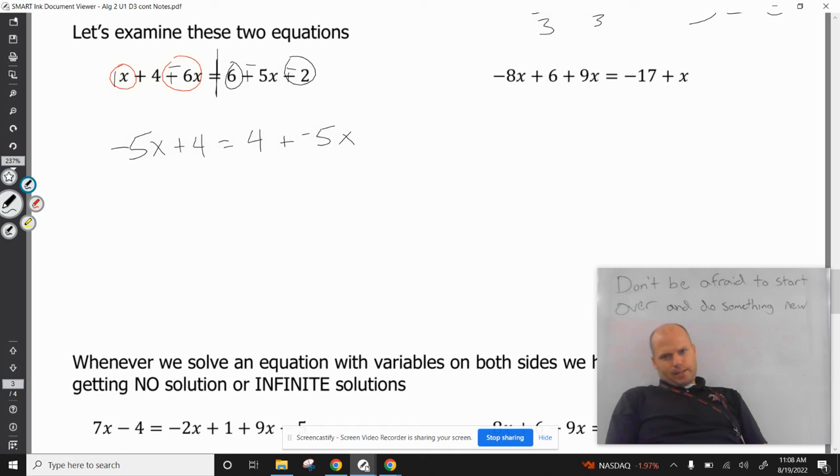Wait, hold on a second. Negative 5x plus 4. 4 plus negative 5x. Heck, I guess I could even have written this differently. Negative 5x plus 4. Same thing on both sides.